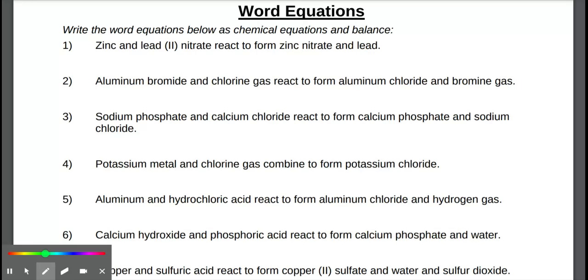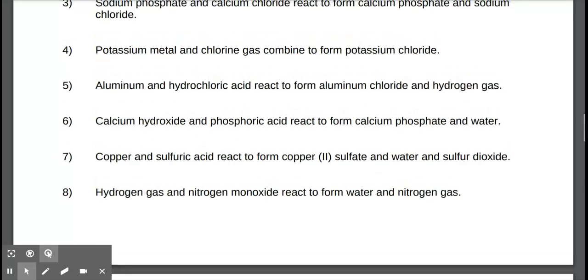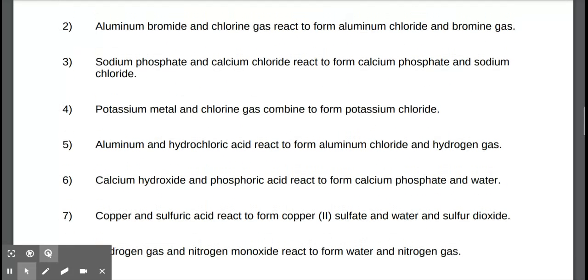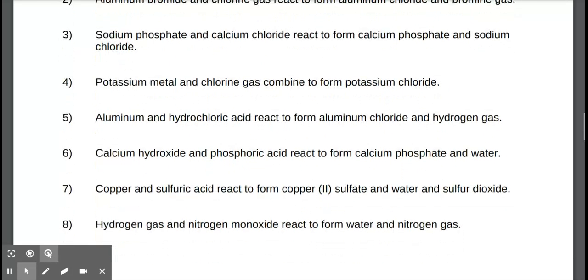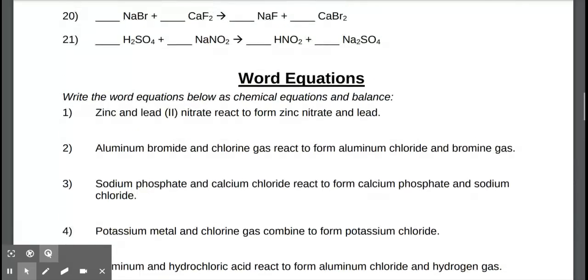let's see if there's a better one that I can do. Copper, silver, react. I guess there isn't one on here that I would want to do.